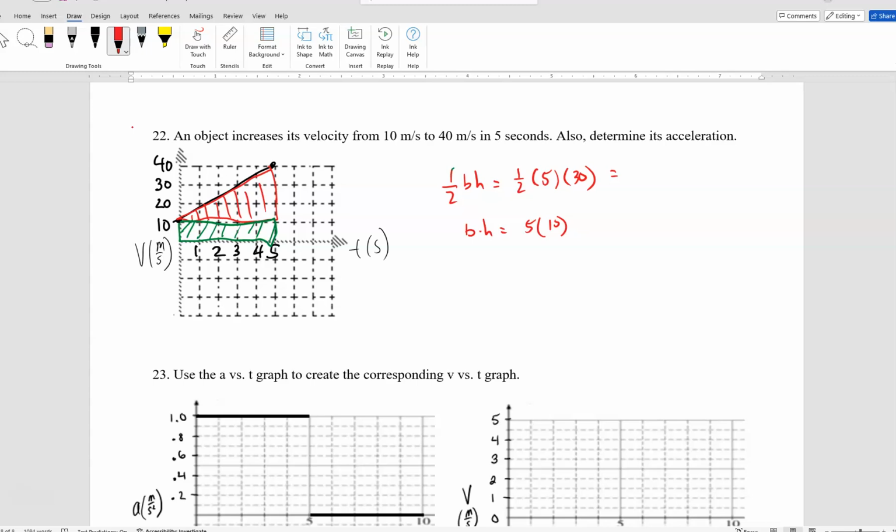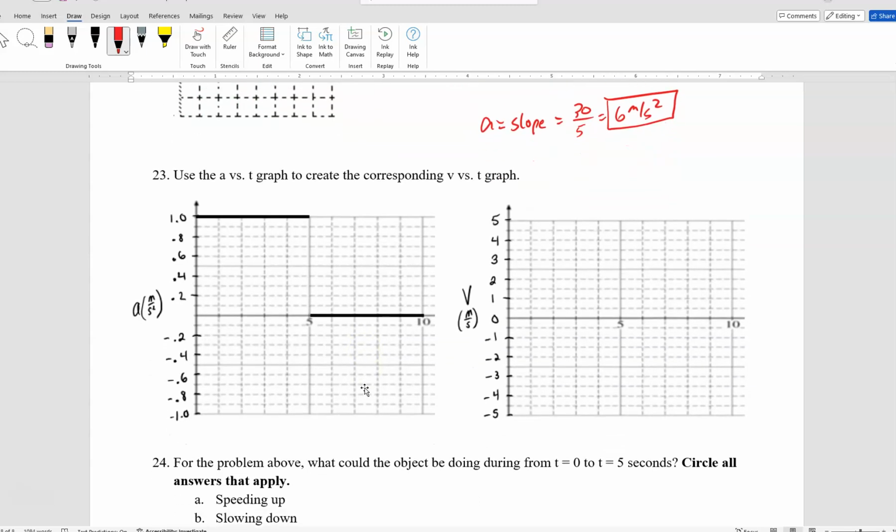Let me go to my calculator. 0.5 times 5 times 30, so we get 75. And this we get 50, so that's 125 meters total. The acceleration should be the slope, and the slope is rise over run, so it rose 30 because it went from 10 to 40 and it ran 5 seconds, so that would be an acceleration of positive 6 meters per second squared.